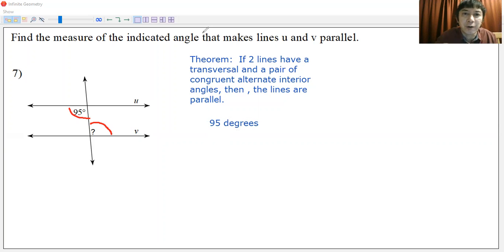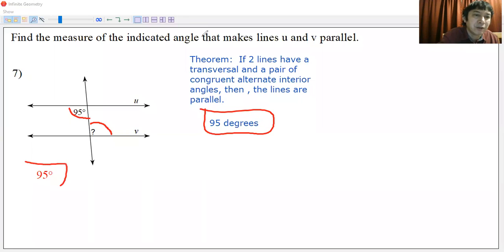This is the required angle. And we can verify that. Over here, the required answer is 95 degrees. All right, let's continue with number 8.